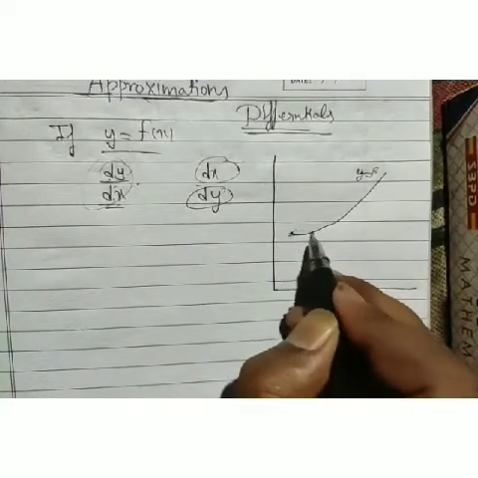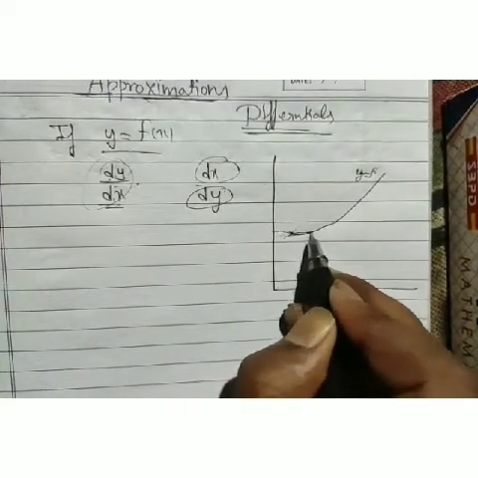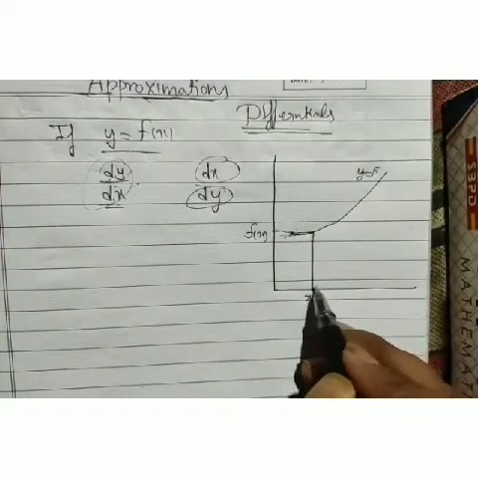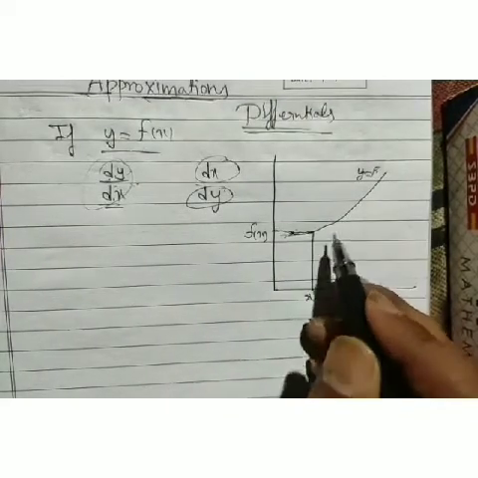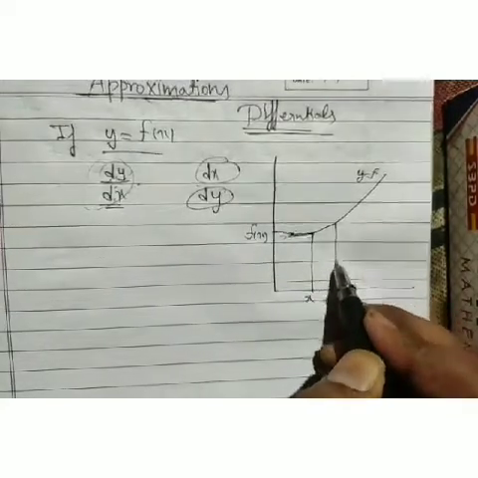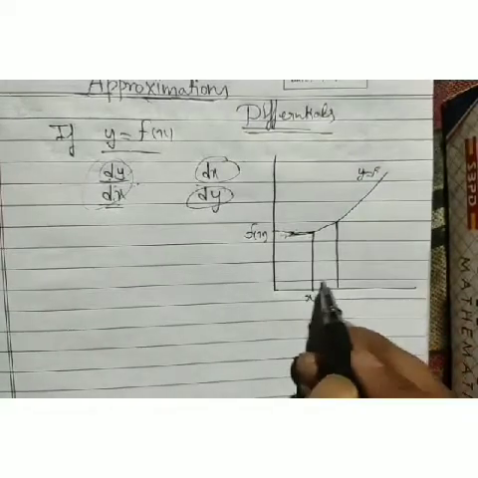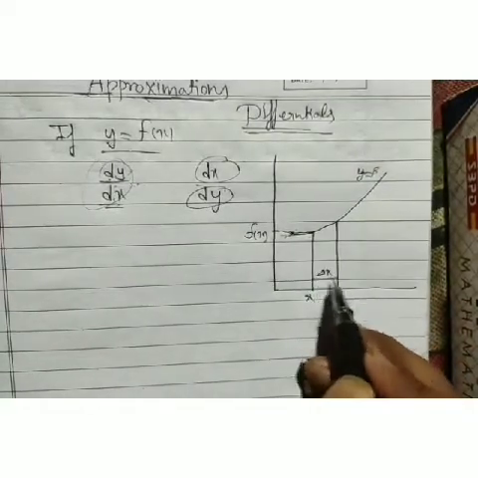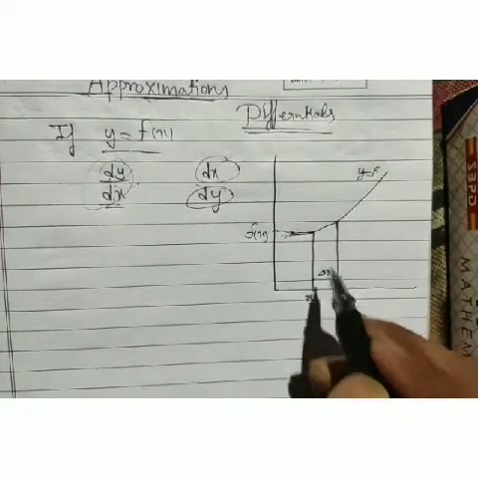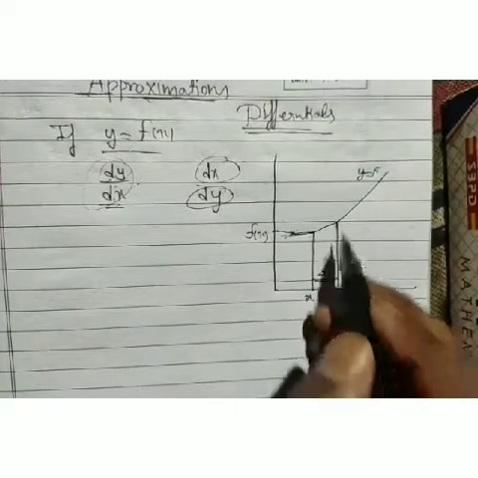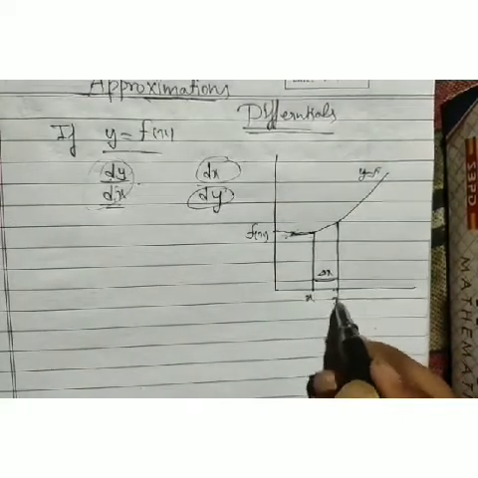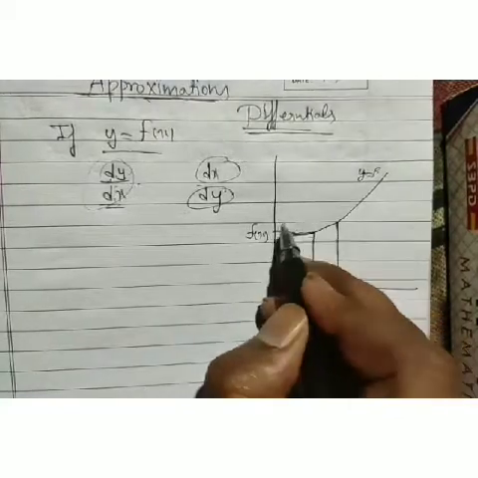For this x, we have its point f(x). We take a small distance, delta x, very close to x. To view it clearly I am taking some distance here, but it's very close to our point x. And this is our x plus delta x.